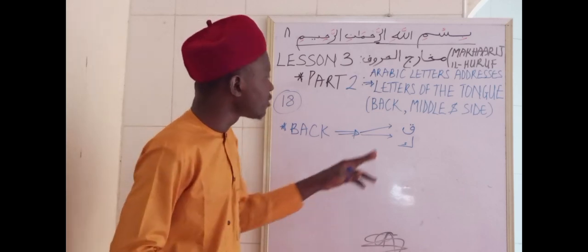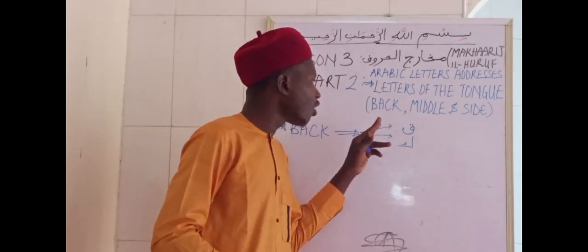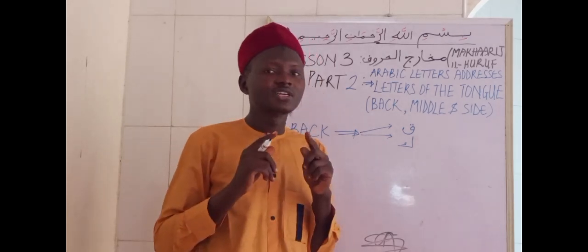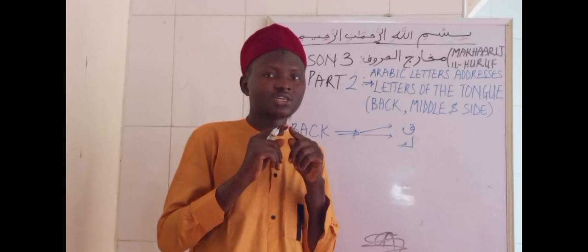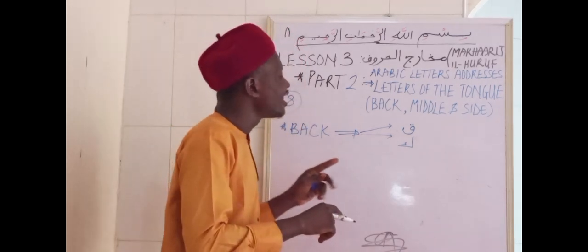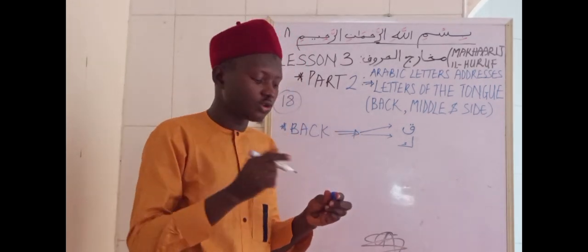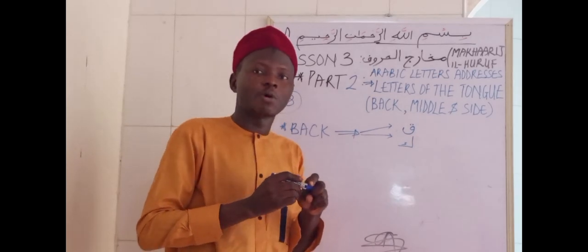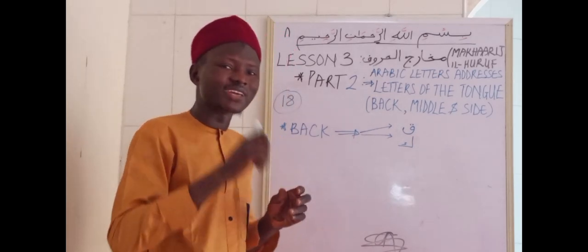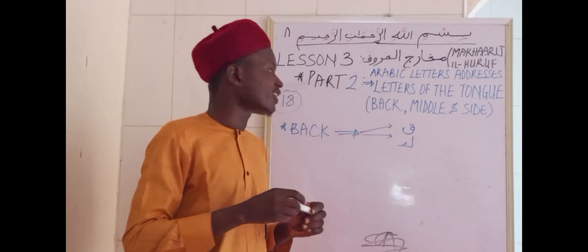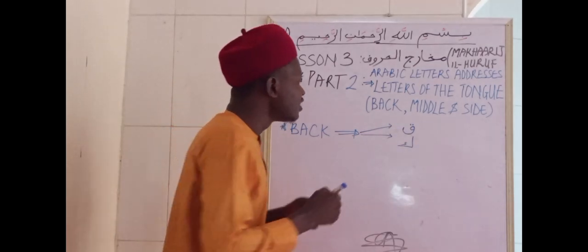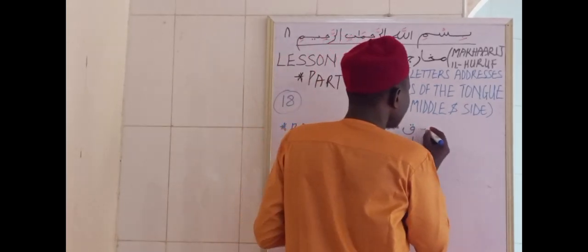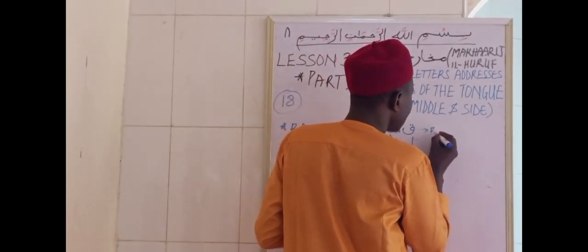The difference between qaaf and kaaf, if you are not careful, is that their articulations are very, very close. That's why you see some people pronouncing both of them without difference. But one needs to get the pronunciation and the articulation very clear. The qaaf is going to be what?